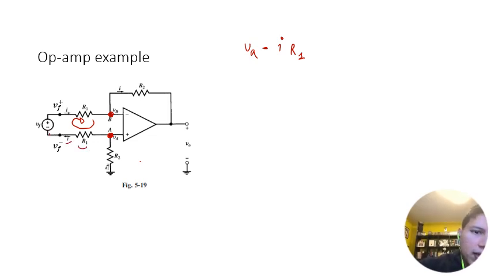And then from here to here we have plus VF. And then from here to here we have minus I times R1. And that should be equal to VB.